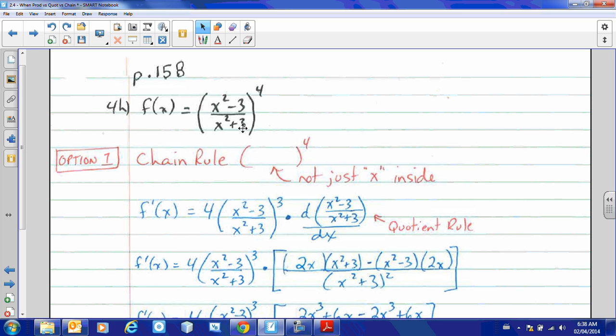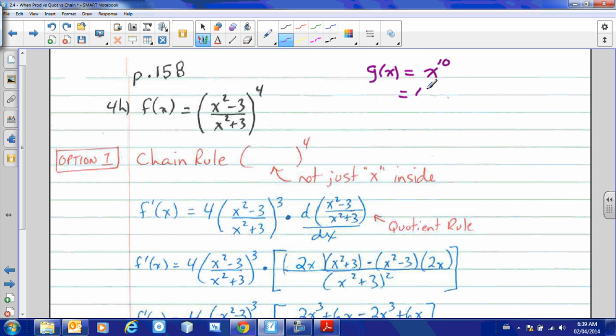So if I look at this, again, there's something here with an exponent 4, which is a chain rule just by definition. Anything to an exponent that is a non-x term on the inside is a chain rule. I suppose even if I wanted to be more honest about it, even if I had something like g of x is x to the 10th, technically that is a chain rule as well.